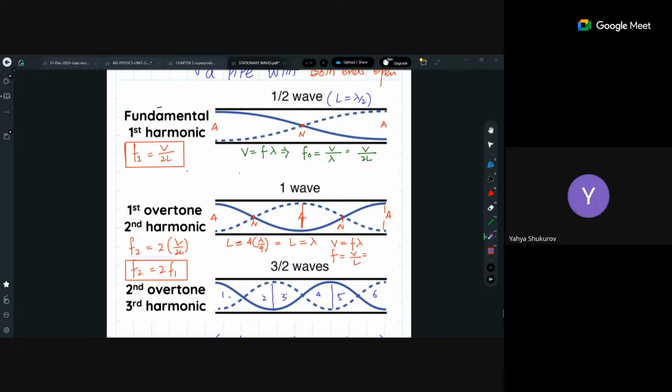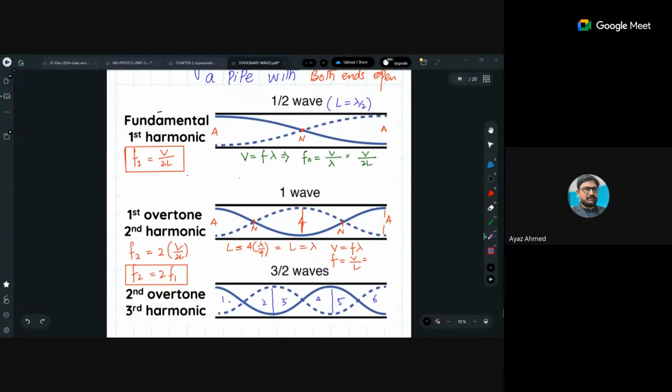Half lambda means that from this point to this point it is lambda by 4, and from this point to this point it is lambda by 4. If you consider two lambda by 4s in one pipe, this is the fundamental frequency, our first harmonic.